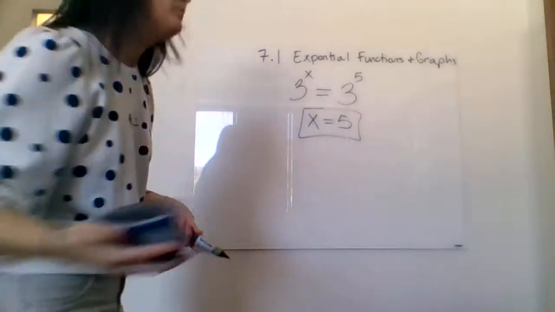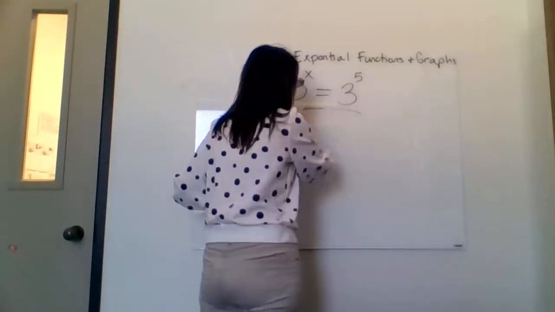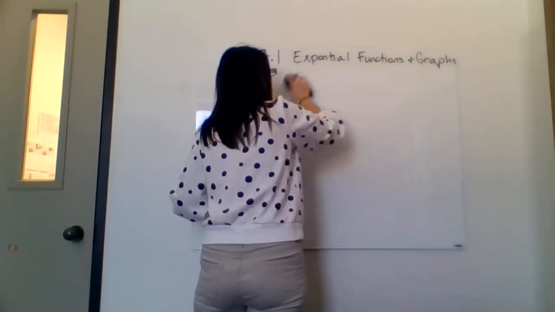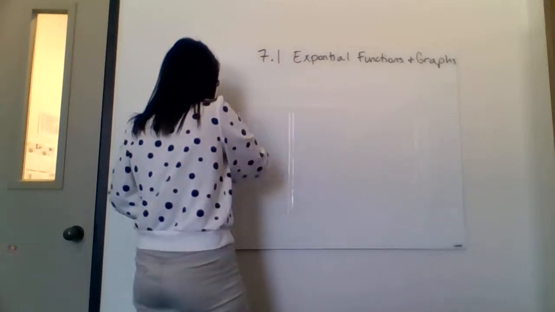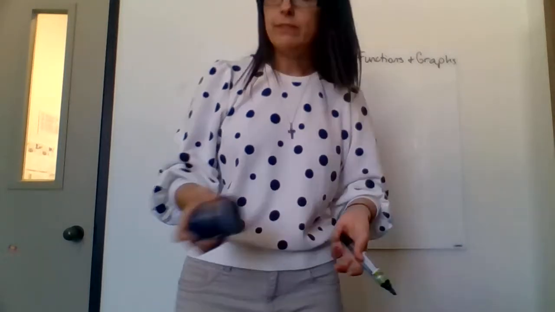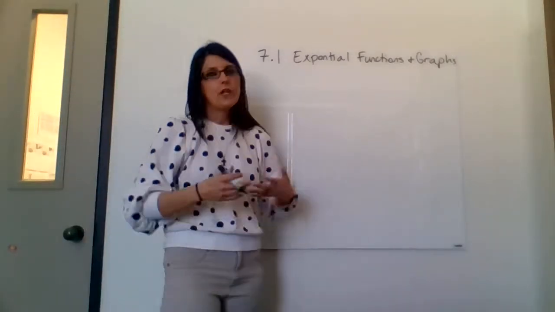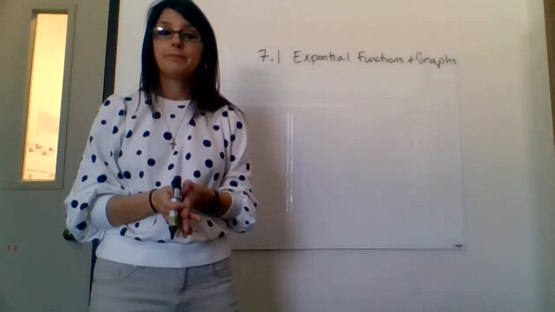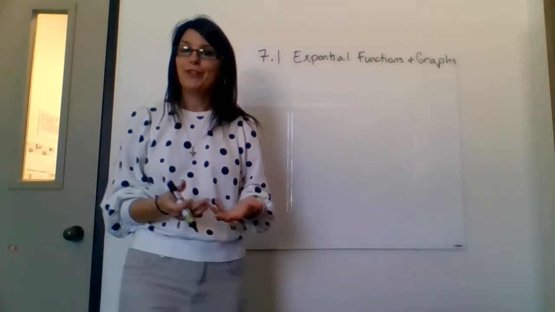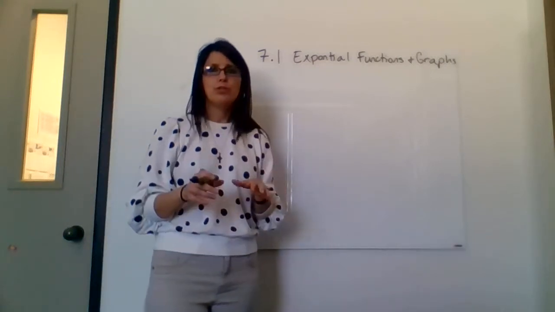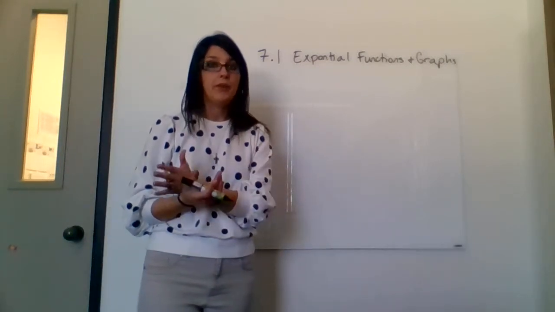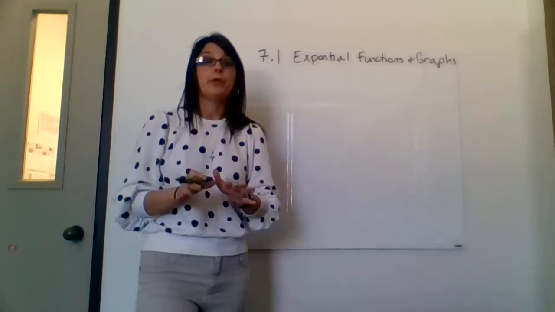Now, of course, they'll be a little bit more intense than that, and the bases may not automatically be the same. So before we solve another equation, let's look at how to change one base to another base without changing the value.